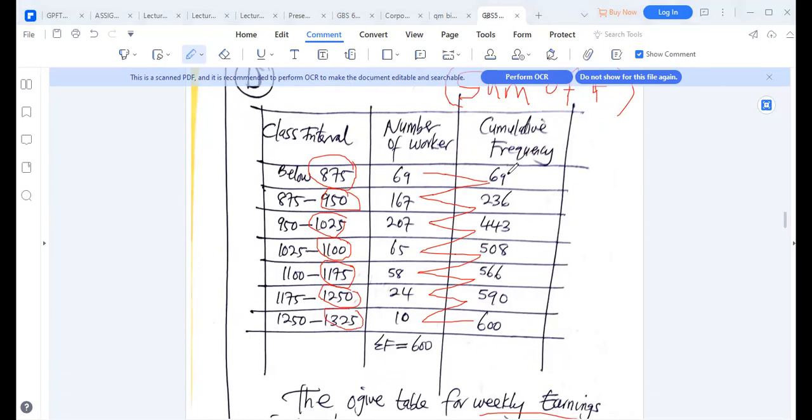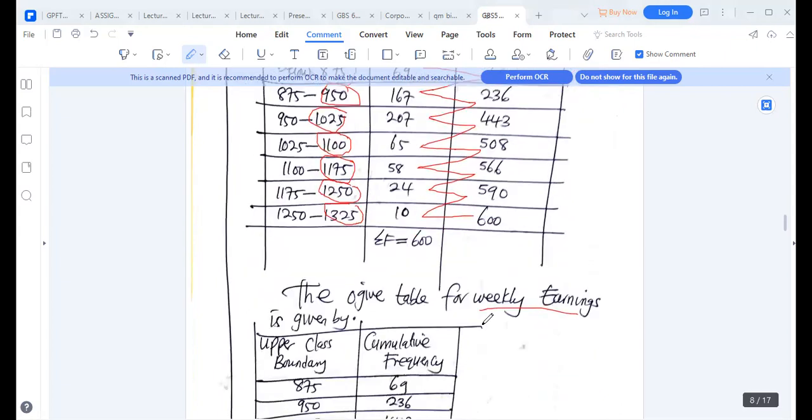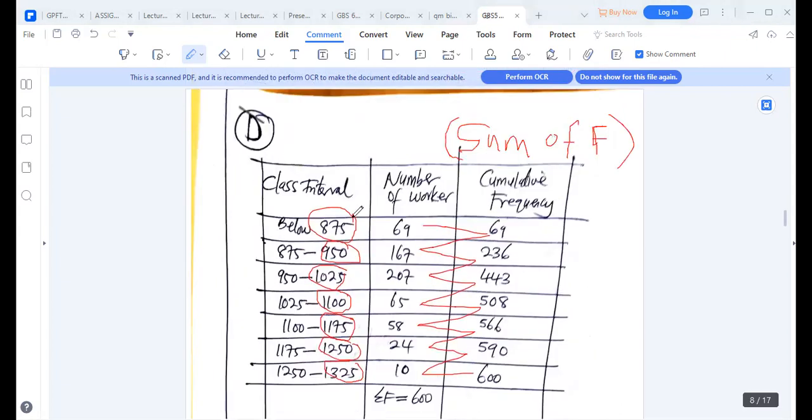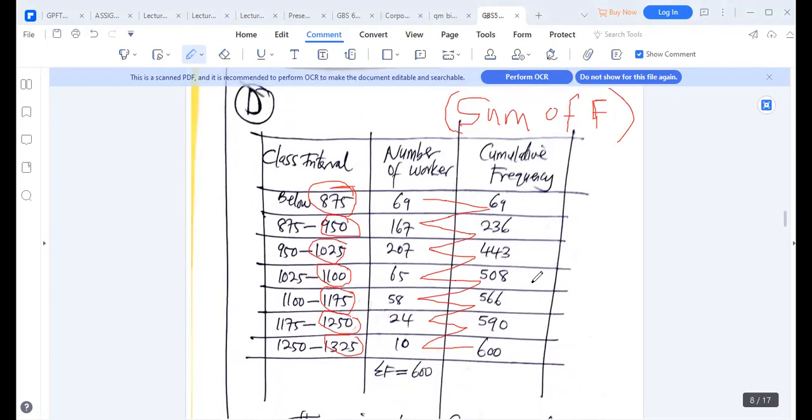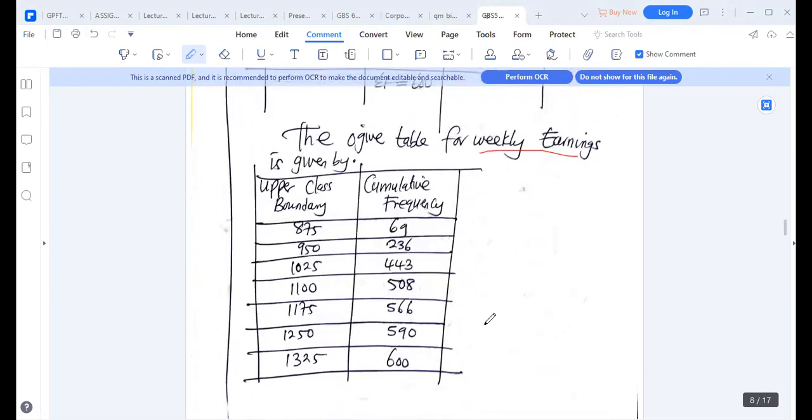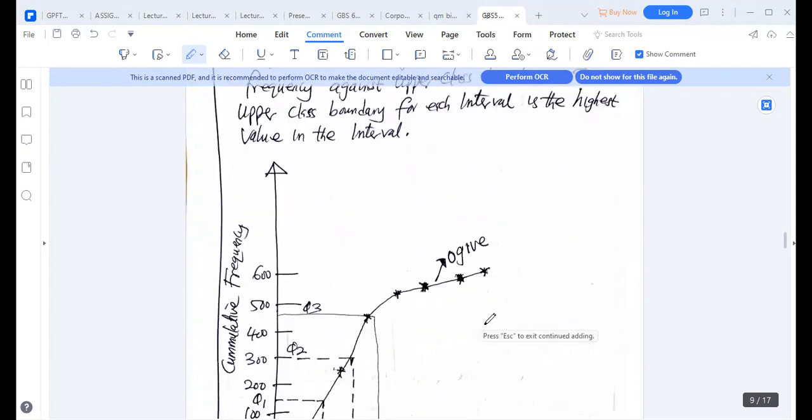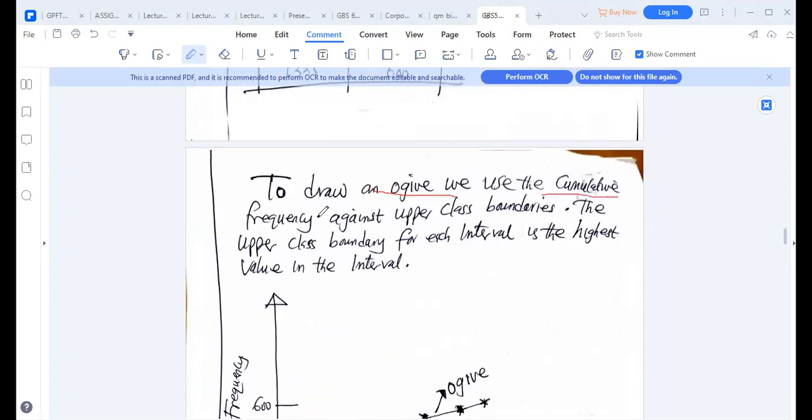This is how the OGIVE is drawn. So to draw the OGIVE, we use the cumulative frequency against the upper class boundaries.